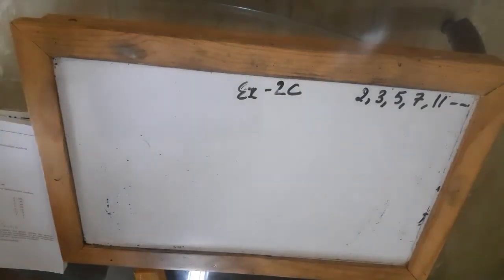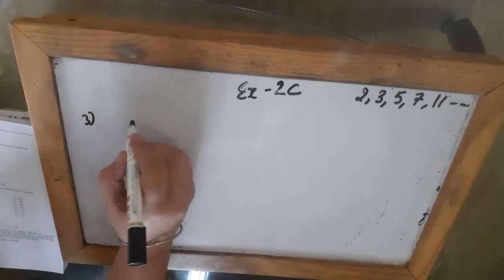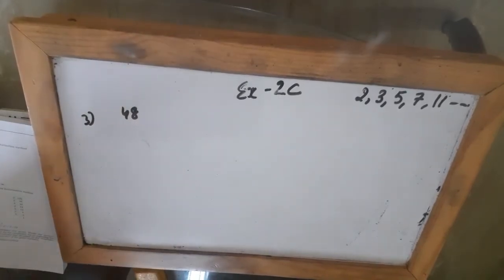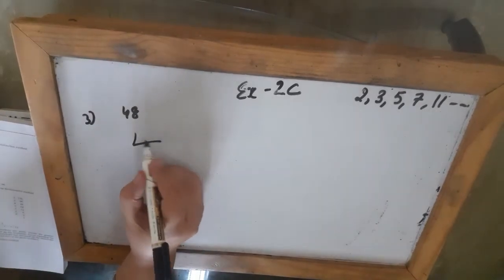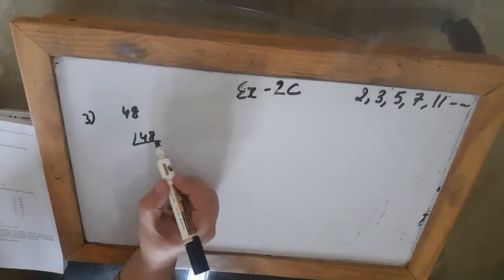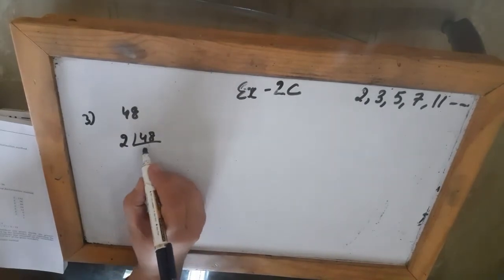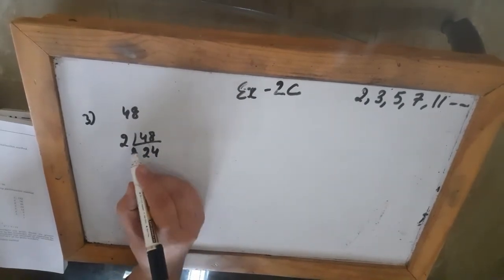Now let me take one more example, the third part, 48. I have to divide 48 by prime numbers only. So I'll start with the smallest prime number 2. Is 48 divisible by 2? Yes, because I know that even numbers are divisible by 2. 2 24s are 48.